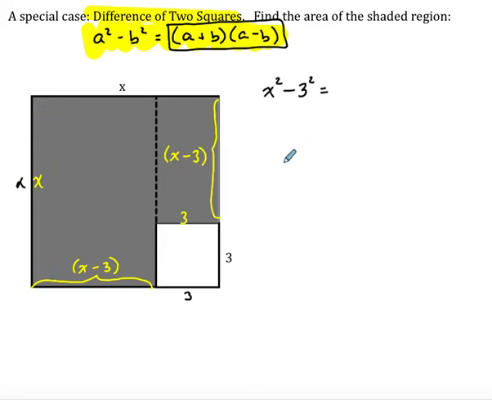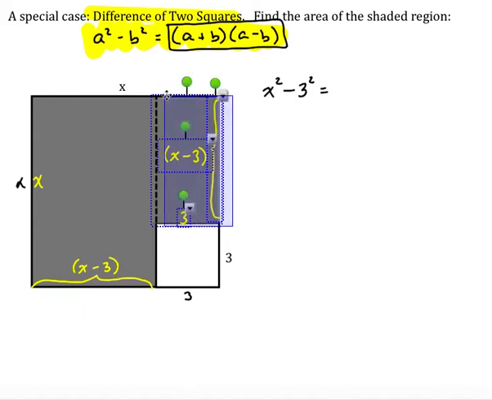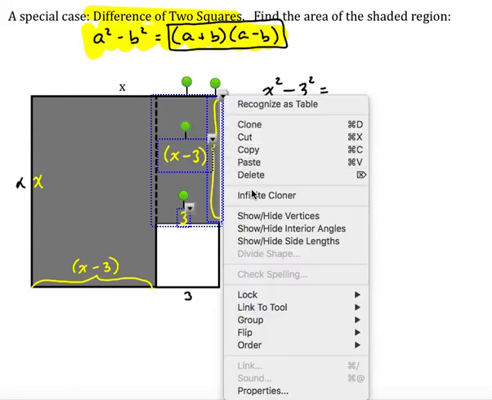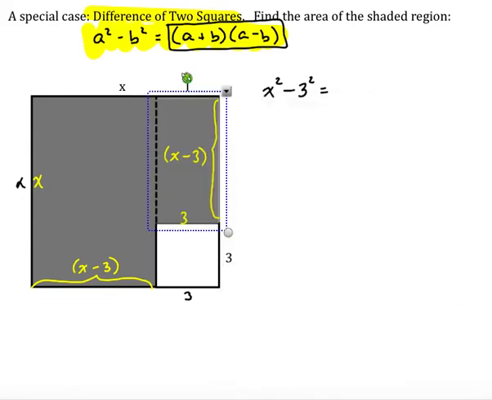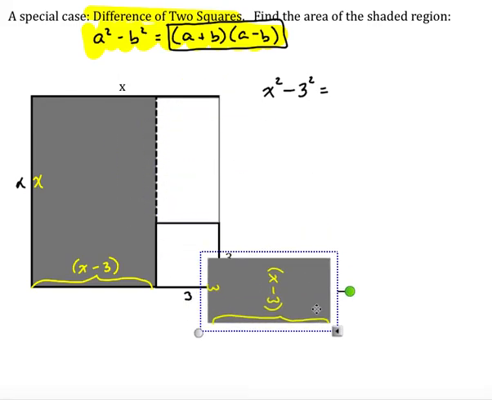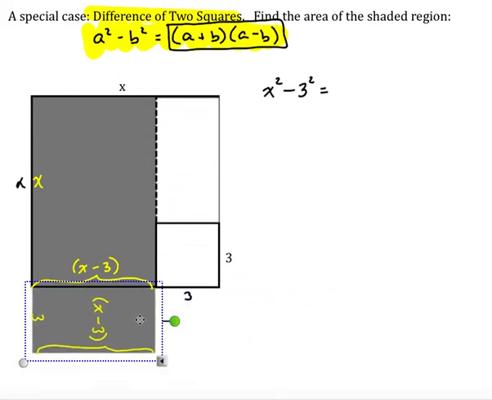Okay? So I'm going to just visually reconstruct this shape a little bit, by taking this piece and moving it down to the end of my rectangle. And when I do that, you see that this side x minus 3 is the same width as x minus 3, so this just extends my rectangle a little bit longer.